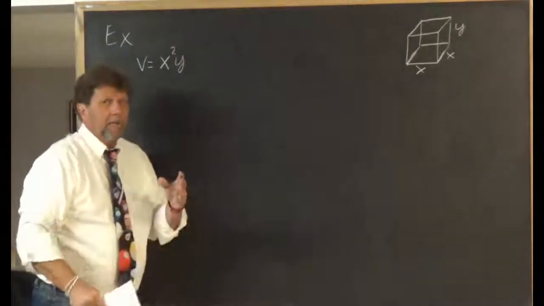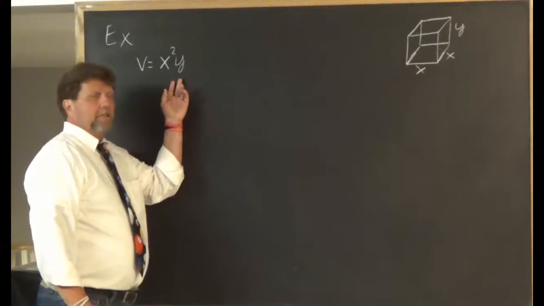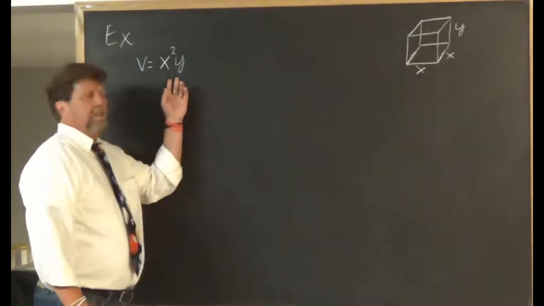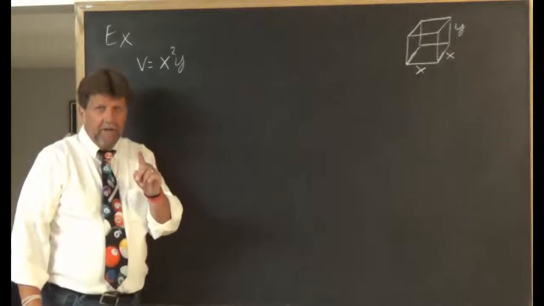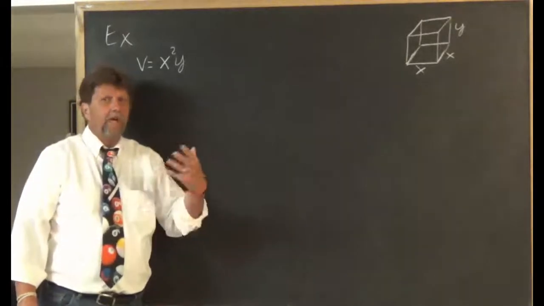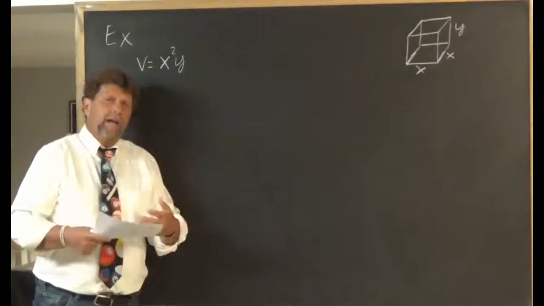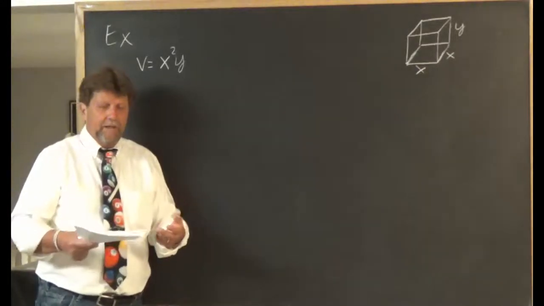Now here's the problem. In order to do calculus on this right now in Calculus 1, I have to turn this into a function of one variable, because that's the only calculus I know is calculus of one variable. So in the guidelines we saw something about a constraint equation.